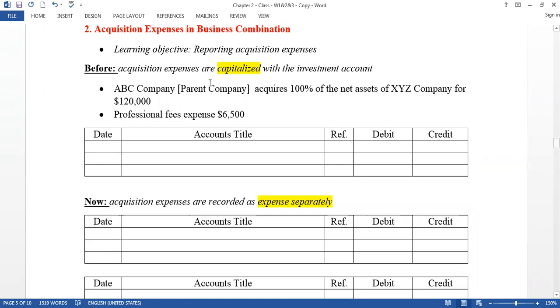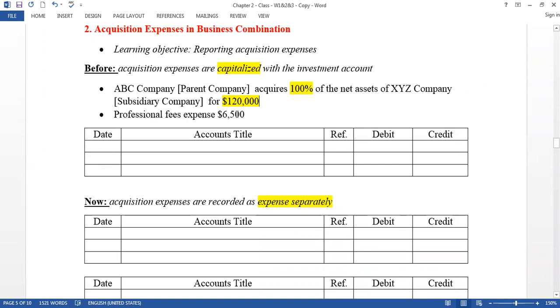The parent company is going to acquire 100% of the subsidiary company for $120,000 and paid cash $120,000.